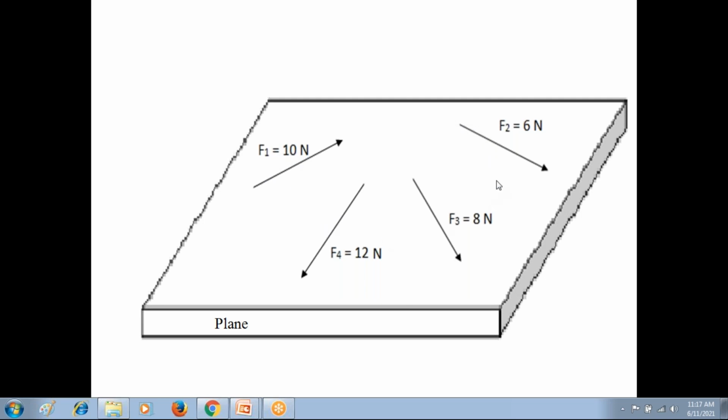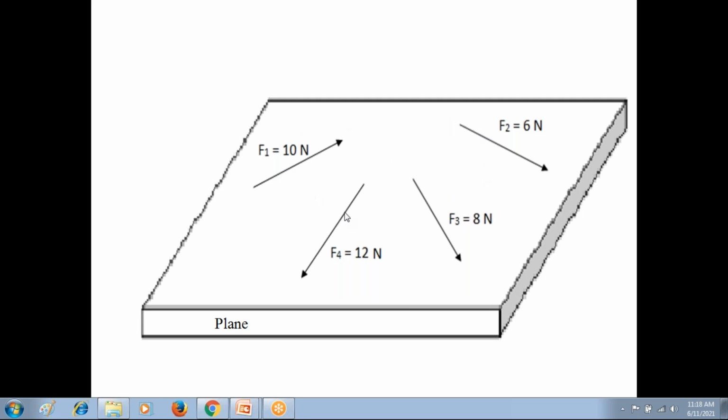Here in this coplanar force system, the lines of action of the forces are not on the same straight line, but all forces lie on the same plane. Check these four forces, please. All four forces' lines of action lie on the same plane, so they are coplanar, but they are not acting on the same straight line, so they are not collinear.